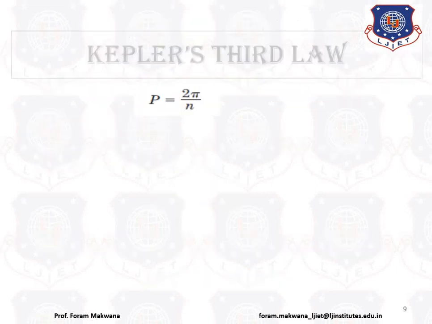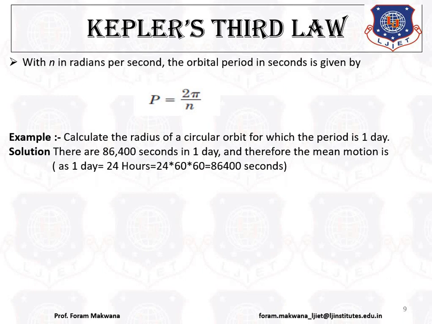Okay. Now, Kepler's third law also gives the orbital period in second, which is represented as a capital P. So P is equal to 2 pi upon n. If we want to calculate the radius of circular orbit, for which a period is 1 day, over here period is given in terms of day and the unit of period is second.